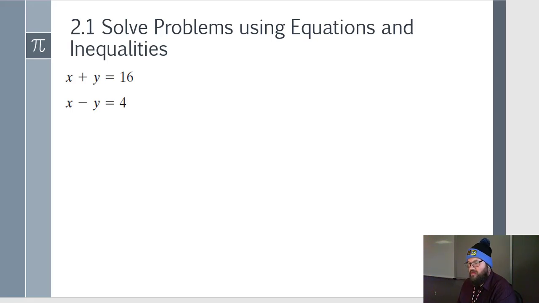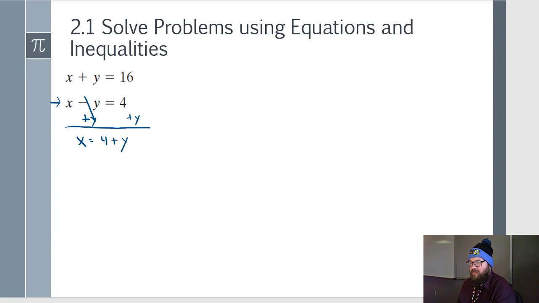I'm going to use the second equation right here, and I'm going to solve for x. So to do that, I'm going to go ahead and add y on both sides. So the y will cancel out here, and we get x equals 4 plus y.